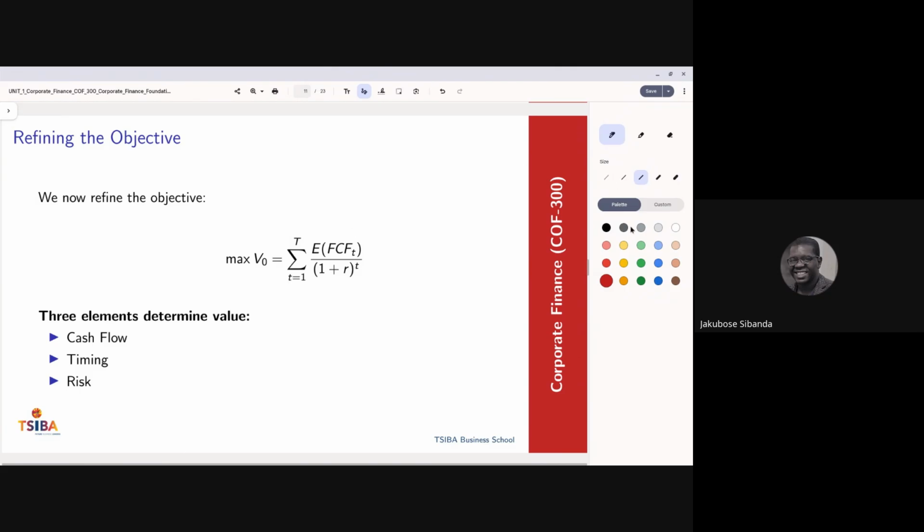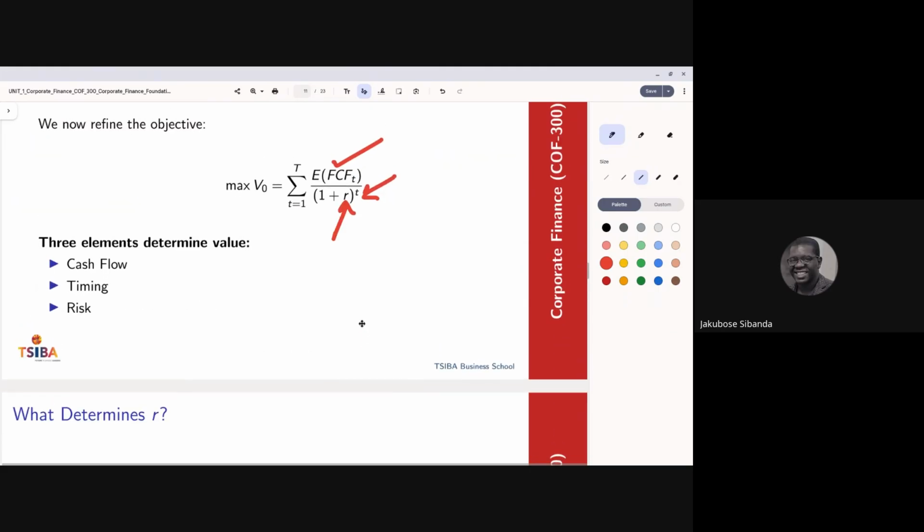So we are seeing that cash flow, the R, and also the T, these three components will determine the value. So they are important drivers of value. Right. I don't know if that's clear.